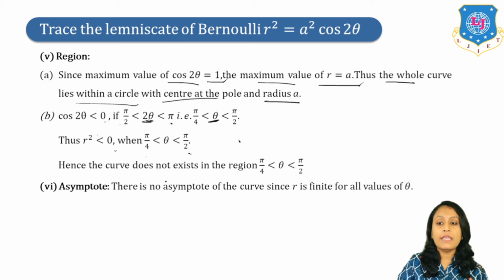So we can say that the curve does not exist in the region between pi by 4 and pi by 2, because in this region r square is less than 0. Next is the asymptote. There is no asymptote of the curve since r is finite for all values of theta.